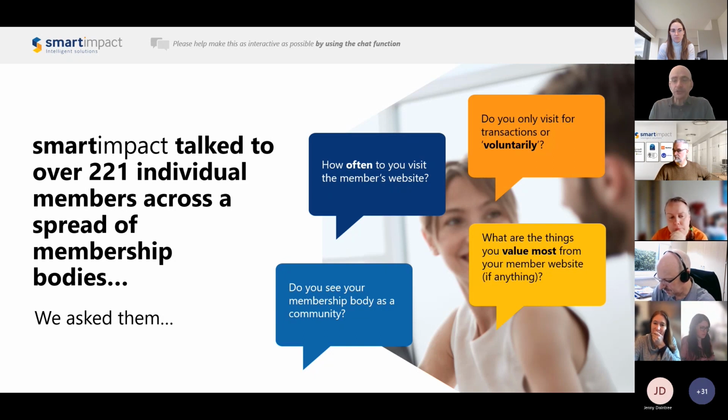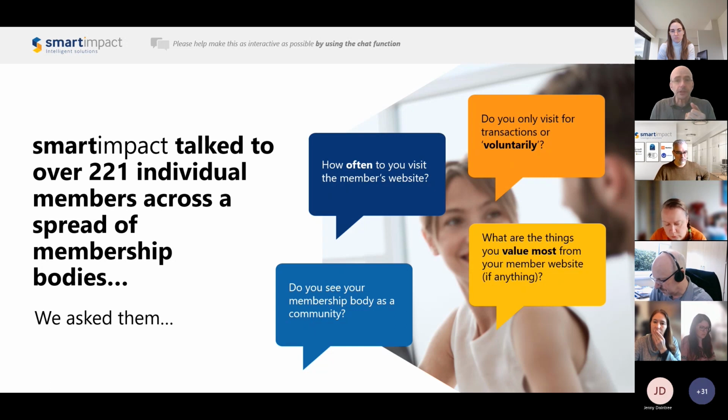Or do you visit voluntarily, by which we mean out of your own interest, because you're hoping to get some news, or you've got an idle moment? The way we all jump into Reddit or Quora or YouTube or whatever, we all jump into those things for a minute or two when we're taking a break. Do you ever go to your own website or the BBC News site or whatever it is?